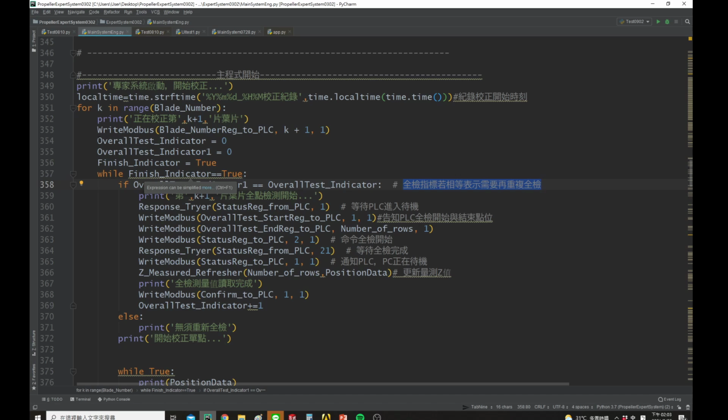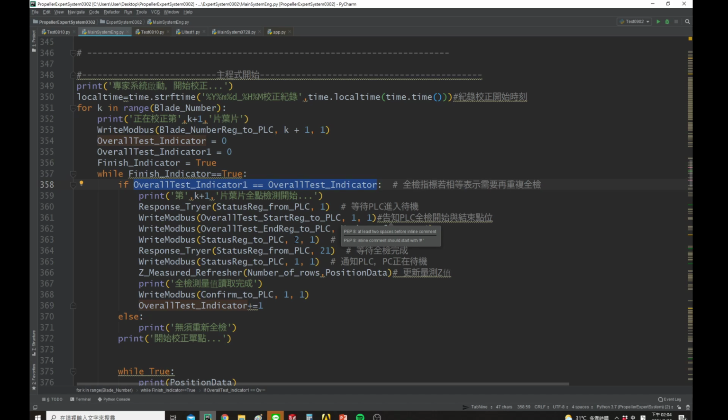So with these two indicators, if they are equal, the blade needs to be tested again. If they are not equal, it doesn't need to be tested again. Can you understand what I'm saying?